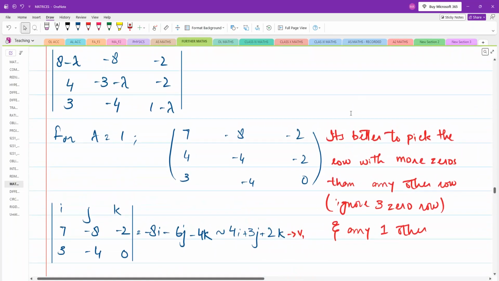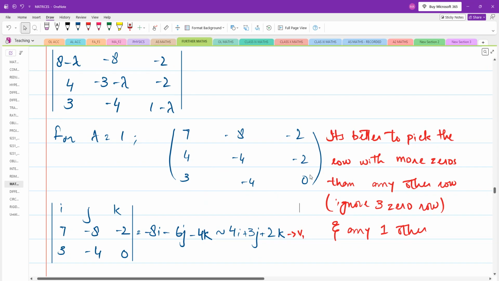Now, a side note: it's better to pick the row with more zeros than any other row. However, don't forget to ignore the all-zero row and any row that is a multiple of another. See, this row has a 0, so we are going to pick this row, keeping in mind that it shouldn't be a multiple of any other row.